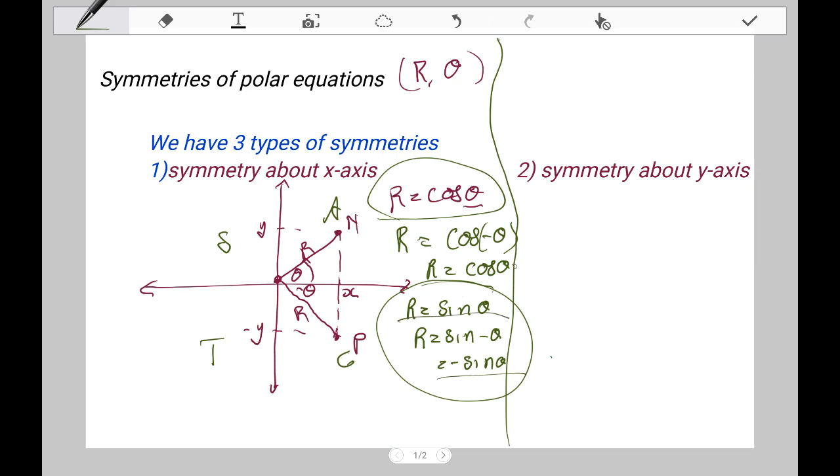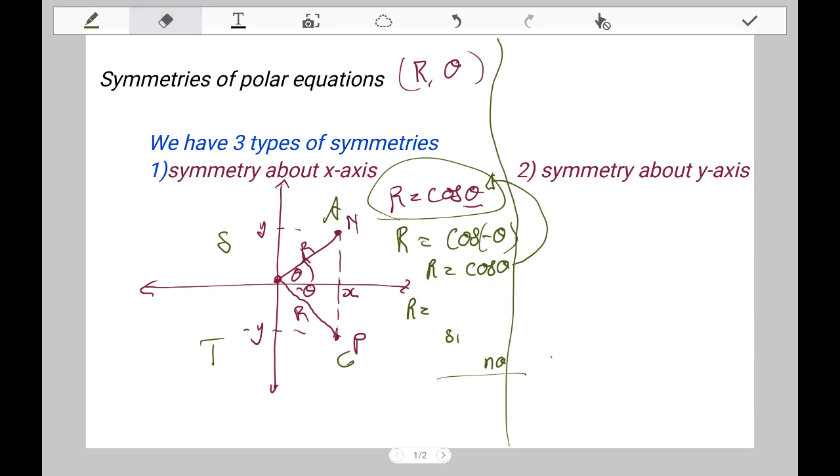In the first case, the final equation is the same as the initial one: whether theta is negative or positive, r doesn't change. Here, if theta is negative, r changes, so it's not symmetric. I hope you get that. Then we're moving on to the next symmetry, which is symmetry about the y-axis.